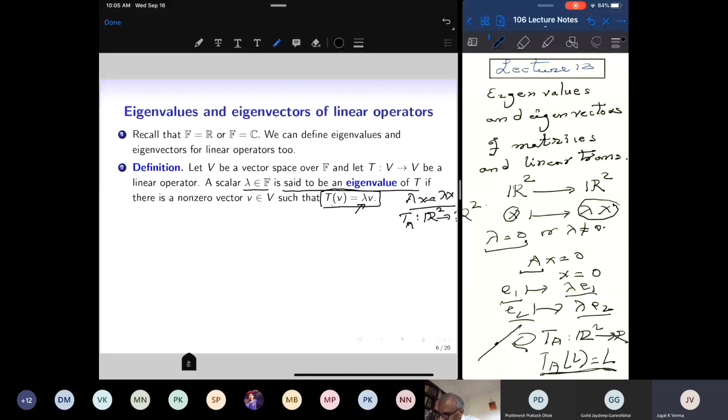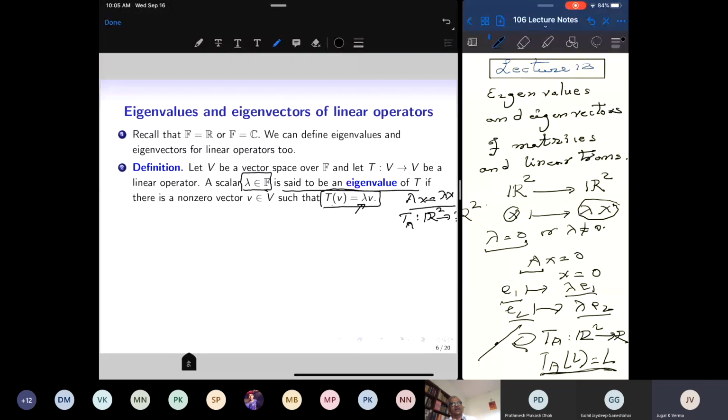Keep in mind that the scalar has to be taken from the field of scalars. Sometimes we come across a 2 by 2 real matrix whose characteristic polynomial has no real solutions. Then we cannot say that this matrix has eigenvalues.